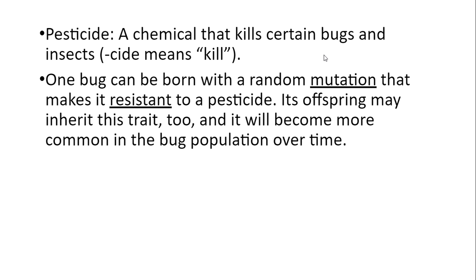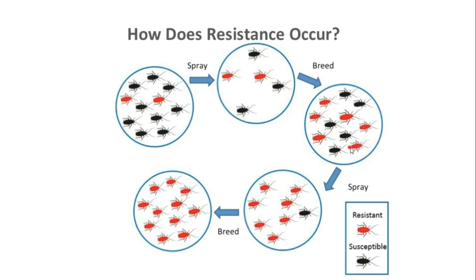So just like with the antibiotic-resistant trait in the bacteria that caused the bacteria population to evolve antibiotic resistance, insects can also evolve to be resistant to different pesticides. So let's take a look at an illustration of how pesticide resistance would happen.